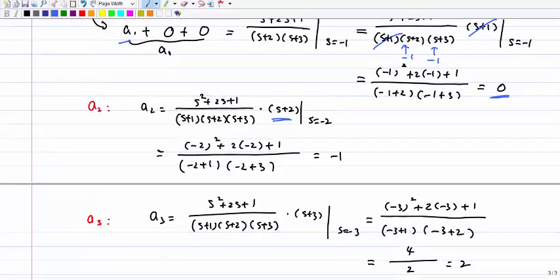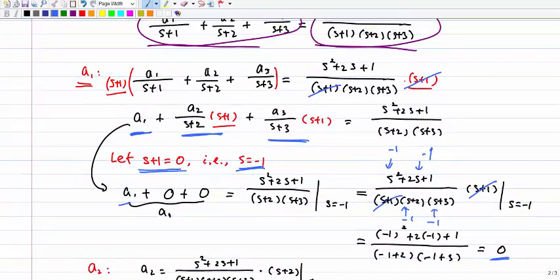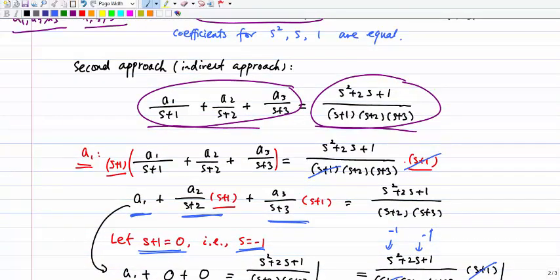The key thing I want to emphasize here is to figure out the parameters a1, a2, a3.